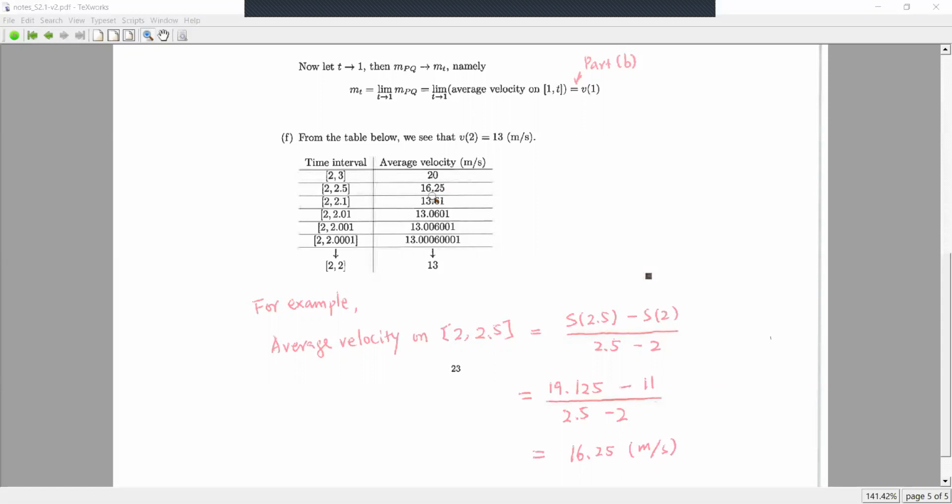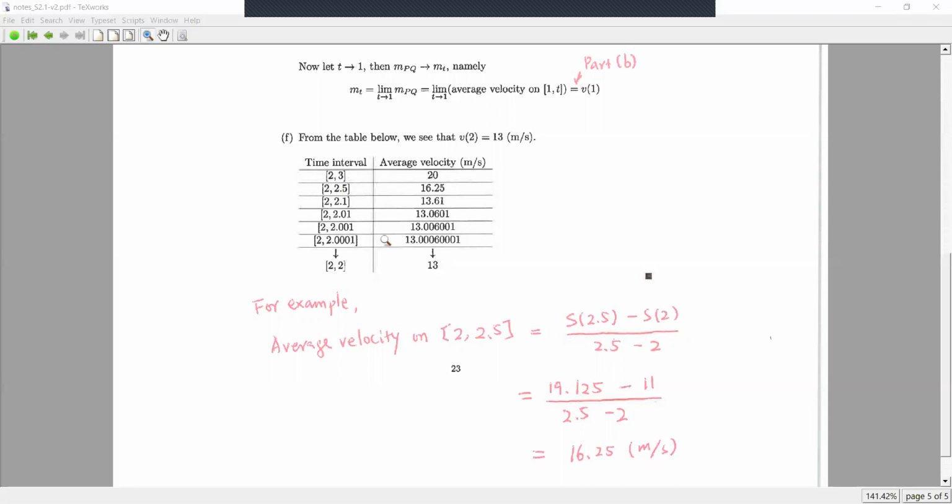Now we can guess instantaneous velocity at 2 roughly is 16.25. 16.25 is a better guess about v of 2 than 20 because this time interval is closer to 2 than this time interval is.